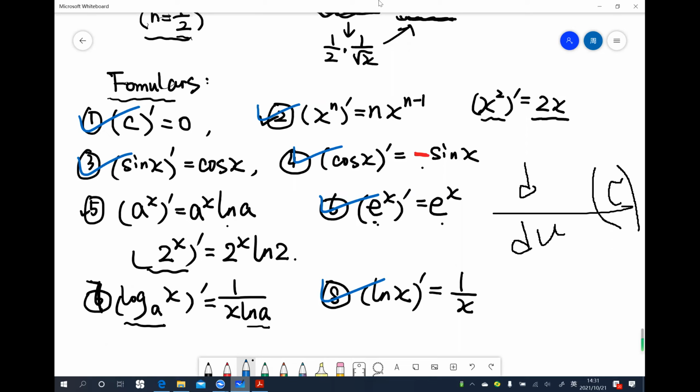Of course, you can write d by dx instead of prime. That is also okay.